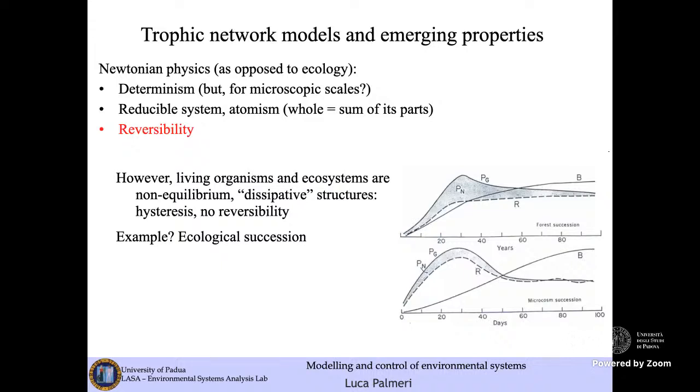Of course, by switching from determinism to this holistic approach, we have to give up the concept of reversibility, because we have to understand that ecosystems and living organisms are non-equilibrium dissipative structures, in which you may always encounter some kind of hysteresis describing non-reversible conditions.